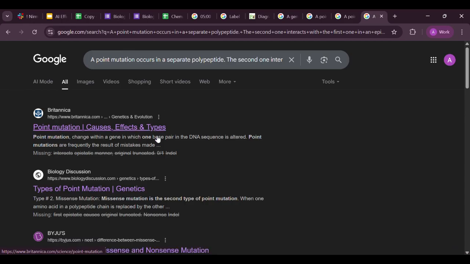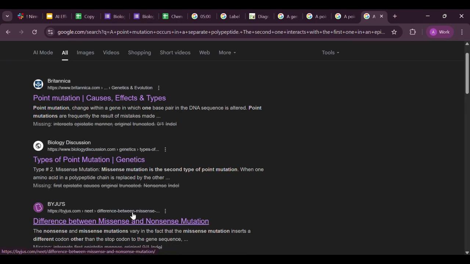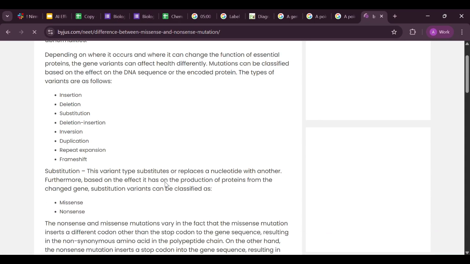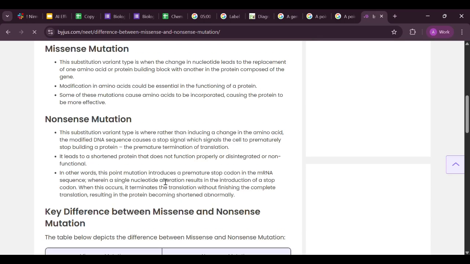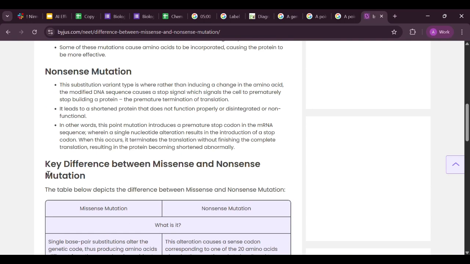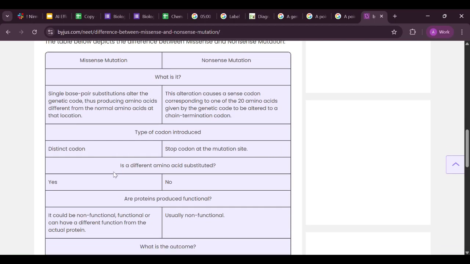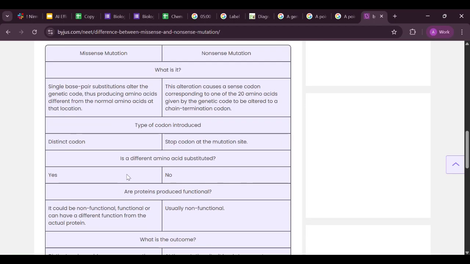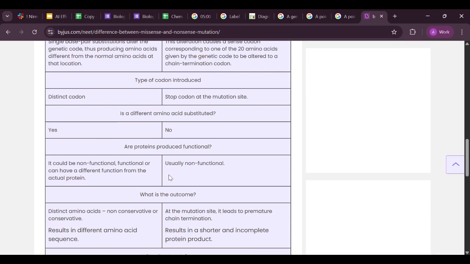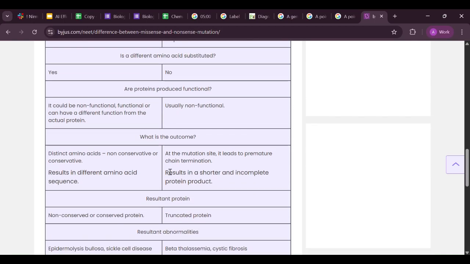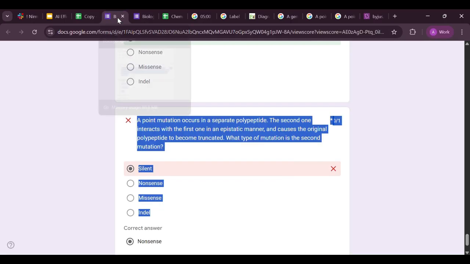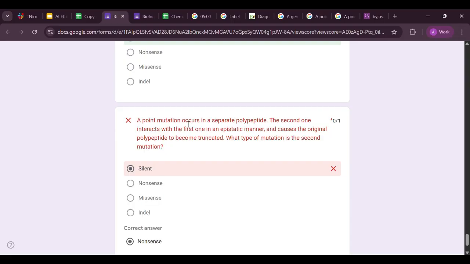Okay, here we get the Byju's. From here we can see the key differences. It will be very easy to get the difference between missense and nonsense mutation. As written in the question, a point mutation occurs in a separate polypeptide. The second one interacts with the first one in an epistatic manner and causes the original polypeptide to be truncated.